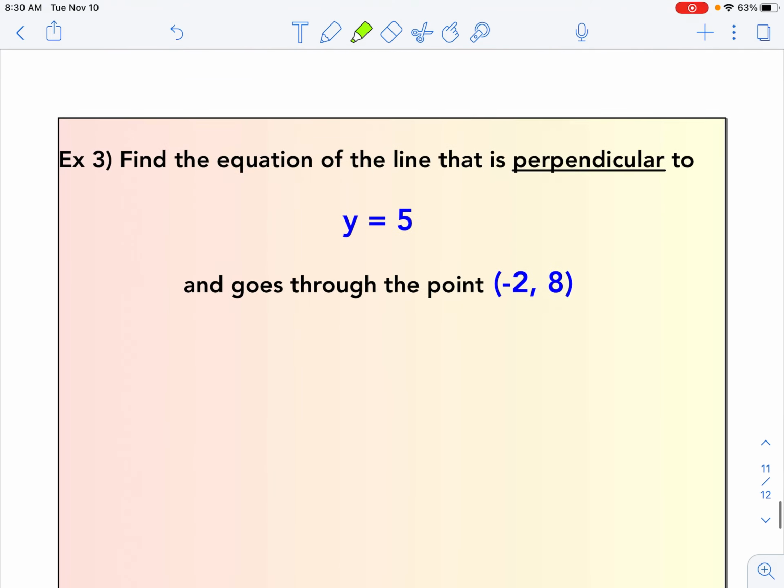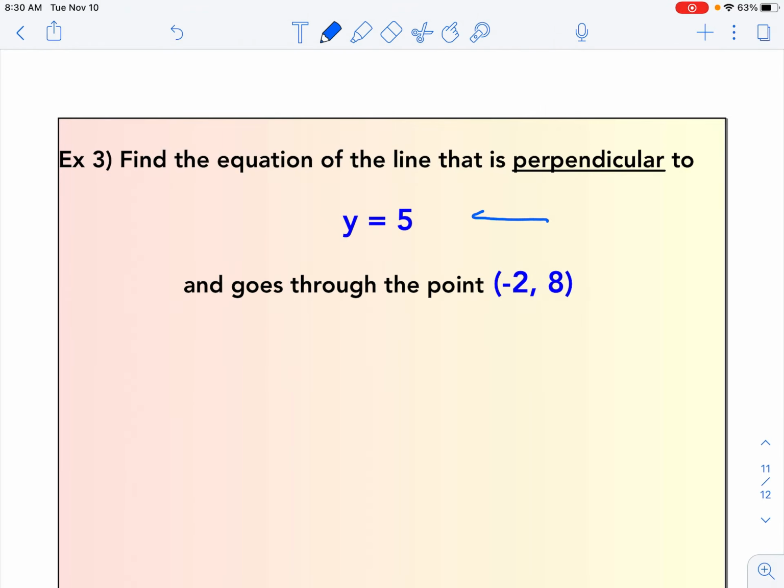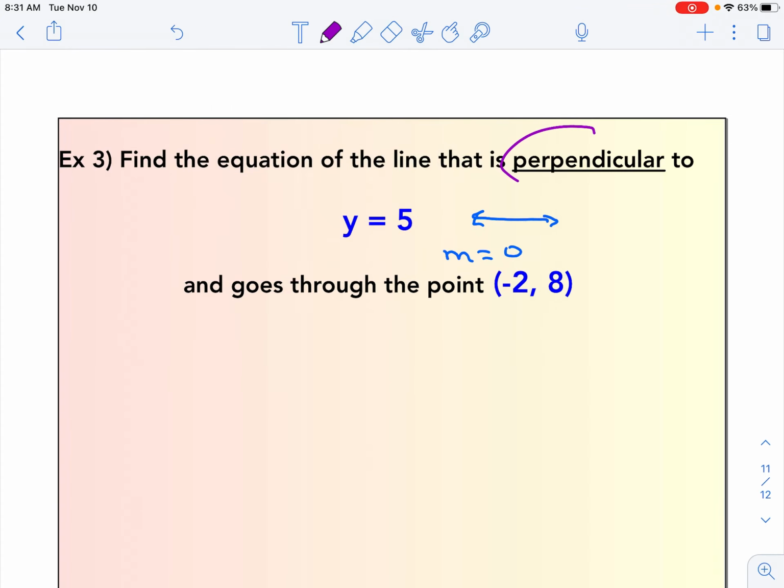All right, last question. And this can be a little bit trickier. So notice that we have a y equals line. It goes to the y-axis. So its slope is 0.